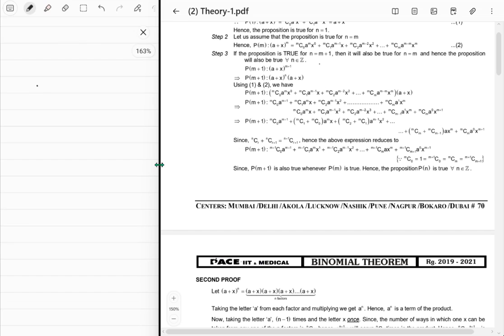And also let's prove this algebraically. So n plus 1 factorial upon r plus 1 factorial, and then n plus 1 minus r plus 1, which is just n minus r, factorial.